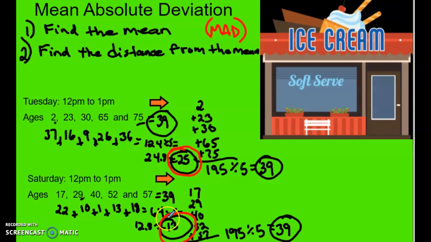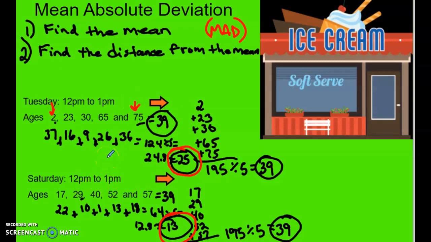25 and 13 are very far apart. So this is a big difference, and something the store owner can use. He's going to realize that there was a much bigger spread. The number 25 just indicates that there was a bigger variation in the numbers. I mean, look at it this way. He did go from the ages of 2 to 75 on a Tuesday.